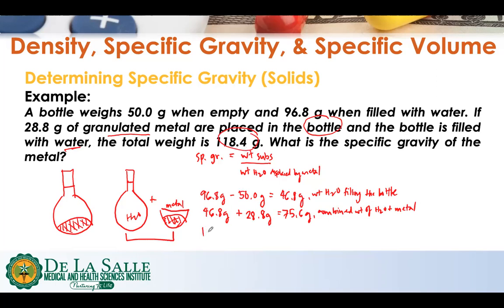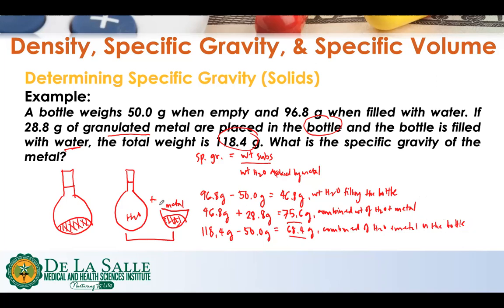So 118.4 grams minus 50 grams will give us the combined weight of water and metal in the bottle, which is 68.4 grams. Now, what do you notice? You will notice that the computed combined weight of water and metal is greater than the actual combined weight of water and metal in the bottle.